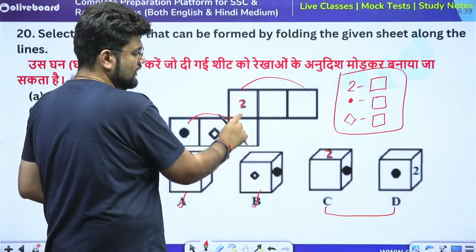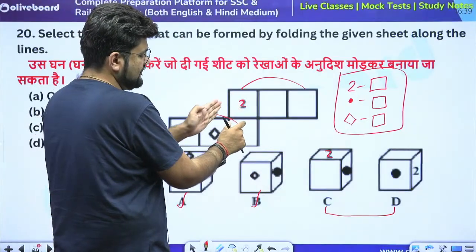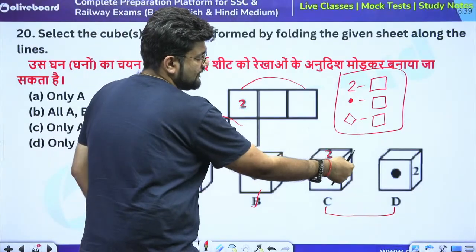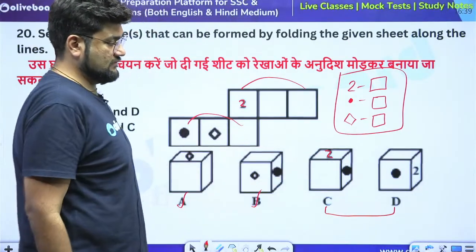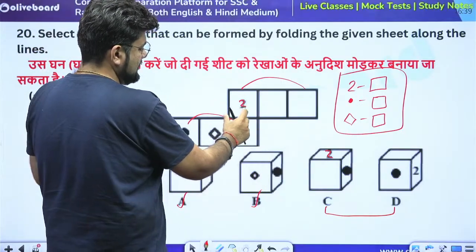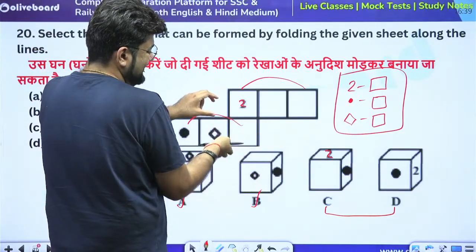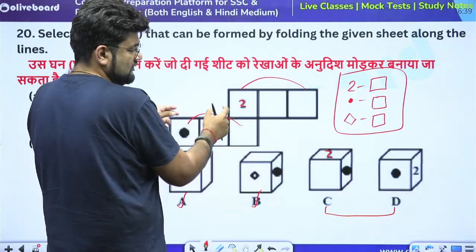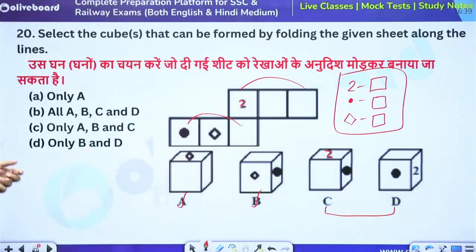If I keep 2 here, on the left hand side I will have the rhombus which is hidden, and at the back of 2, I should have had the dot. So dot will not come here like this. But similarly, if I keep this 2 on the side like this, the bottom will be blank. So technically, I would neither be able to form C nor D. Only A and B, and that is not in the option.